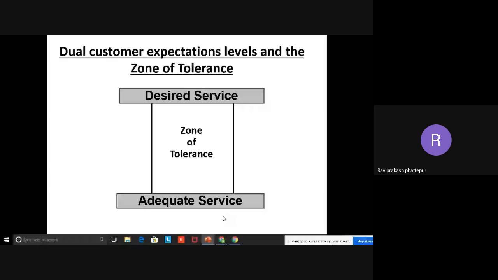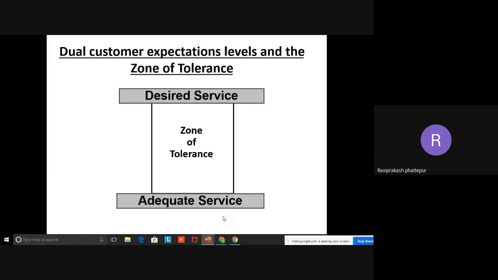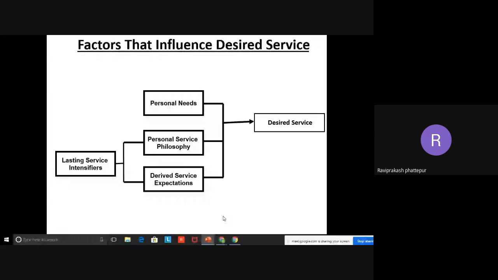Next is dual customer expectations. So what is dual? Dual is two. We are having two expectations, that is adequate service as well as desired service levels, and zone of tolerance. The area between the desired service and the adequate service is the zone of tolerance. Next, we saw the factors that are influencing you to have the desired service. Here we are having two major, that is personal needs and lasting service intensifiers. So we are having two things under lasting service intensifiers.